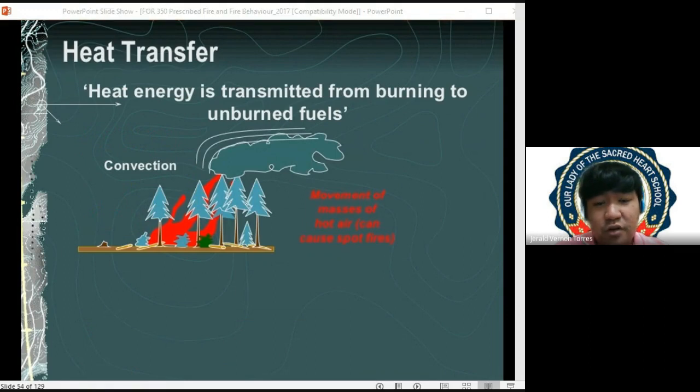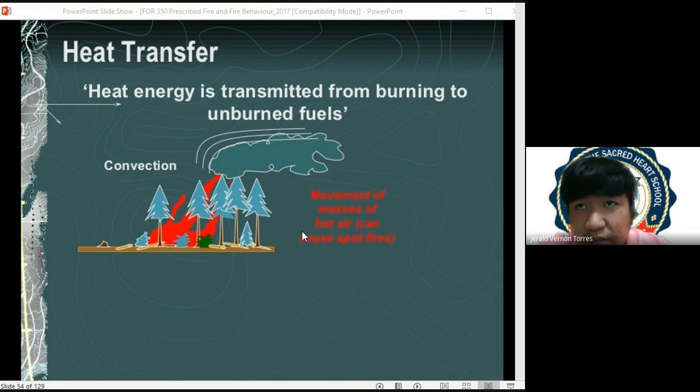And that is possible if there is a mode of heat transfer, which can be in the form of convection. So we can ignite our fuel. There is so much fuel in a wildfire. There are many possible sources of fuel in our forest that can cause wildfire.